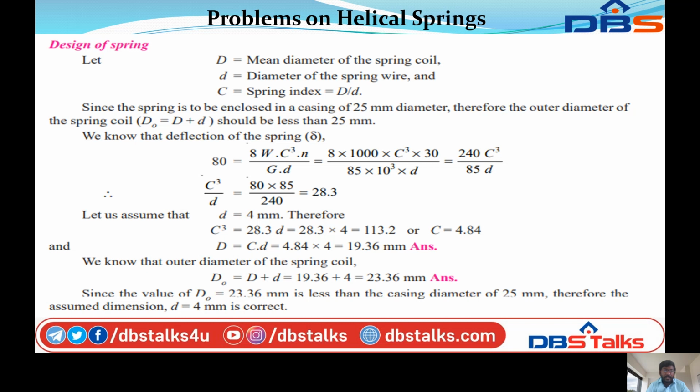Since the spring is to be enclosed in a casting of 25 mm diameter, therefore the outer diameter of the spring coil D naught, that is equal to capital D plus small d, should be less than 25 mm.